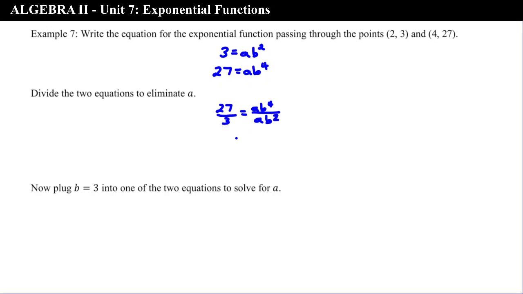Well, 27 divided by 3 is 9. The a's cancel, and then you have b to the fourth divided by b squared, which gives you b squared. And then 3 equals b.